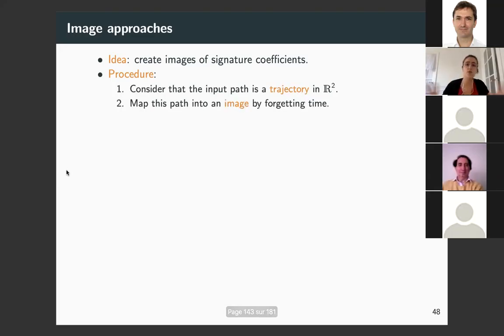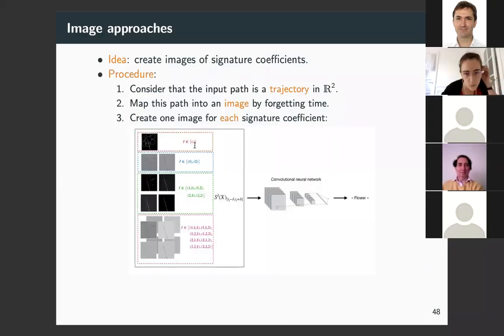You play by sometimes considering your path as an image and sometimes as a function. Then for each index i1 to ik, you can construct one image. This is what I represent here: one image of order 0, 2 images of order 1, 4 images of order 2, 8 images of order 3, etc.